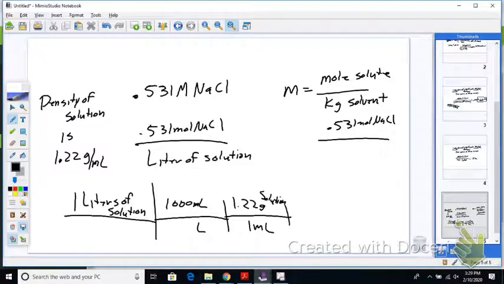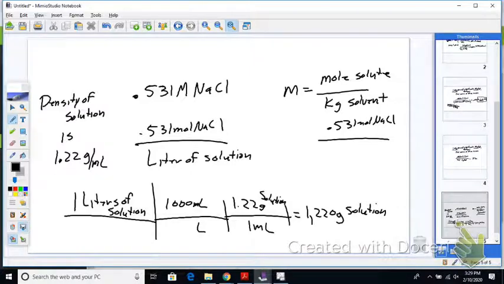So I multiply that out, and I get 1,220 grams of solution. Did everybody see what I did there? I'm using the density to find the total mass of the solution. I know the moles of NaCl. How many grams of NaCl do I have?